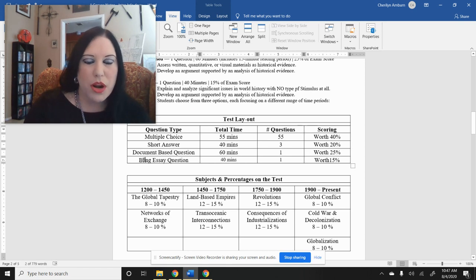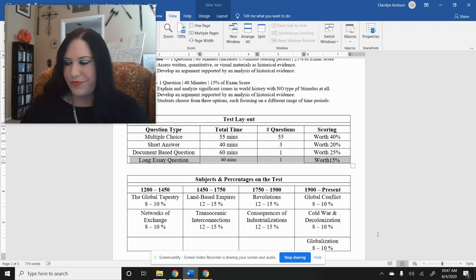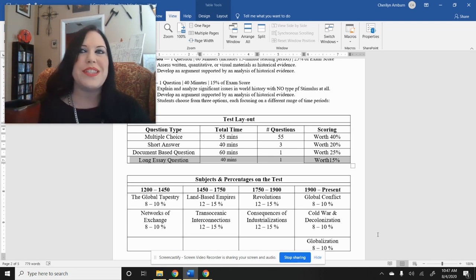The last part of the test is the LEQ, long essay question. It's just an essay. You have 40 minutes to do it, and it's just one question. The LEQ doesn't have any stimulus. It just says, to what extent were attitudes changed after World War II concerning atomic weapons?